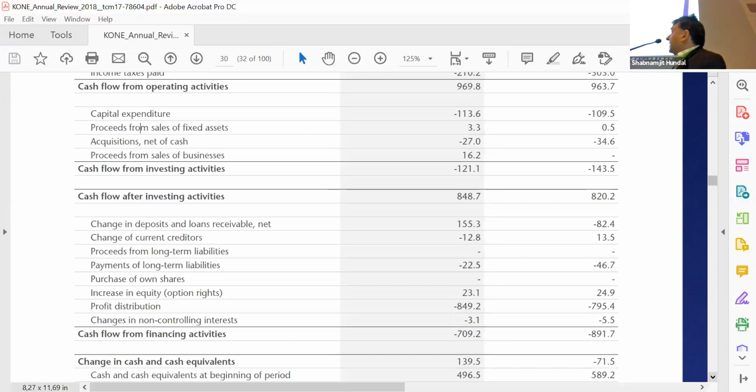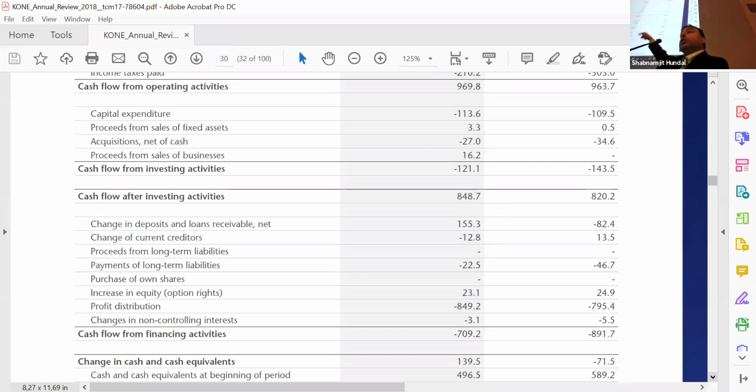Your deposits and people who would pay you have gone up. Changes in the current creditors, minus 12.8. It means you have paid your creditors. It's good and bad news at the same time. When you pay your creditors, your liabilities go down, isn't it? Who are your creditors?